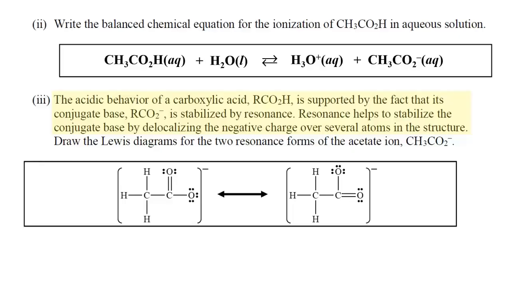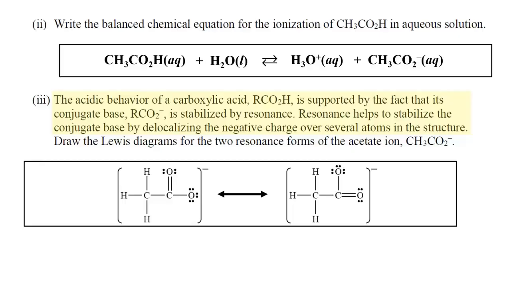That general formula for a carboxylic acid, the acidic behavior of that acid, is supported by the fact that its conjugate base, which is known as the carboxylate ion, with the formula RCO2-, that conjugate base is stabilized by resonance. So let's remember resonance when we're considering the 4 choices in question 1.